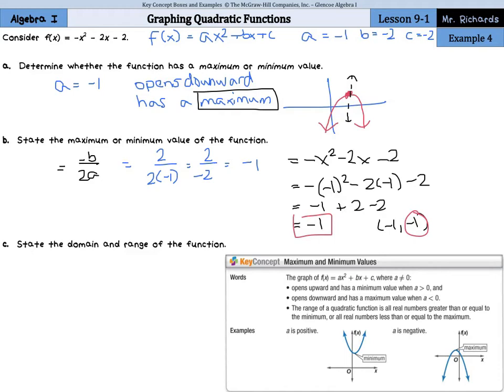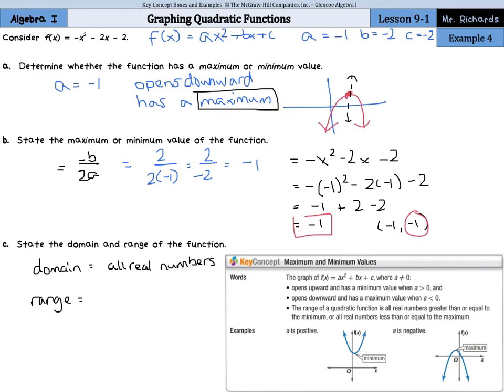Now what about the domain and the range? Well, the domain is the set of all the x values. And here there are no restrictions on that. So our domain we can list as all real numbers. Our range, there is a restriction. We have in this question a maximum of negative 1.